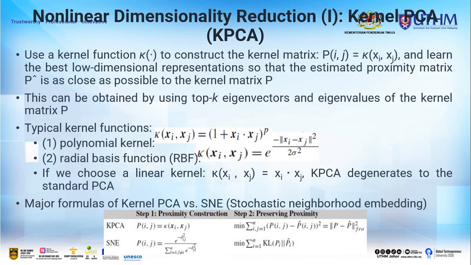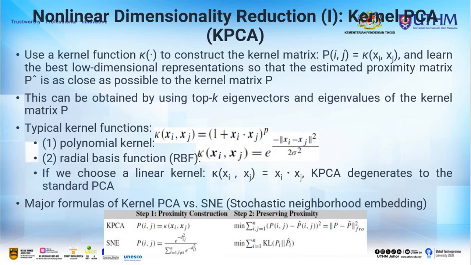So here the kernel matrix P captures the pairwise similarities or the distance in the high dimensional data or the feature space induced by the kernel function. These allow the KPCA to handle the nonlinear relationship in the data that linear PCA cannot capture.